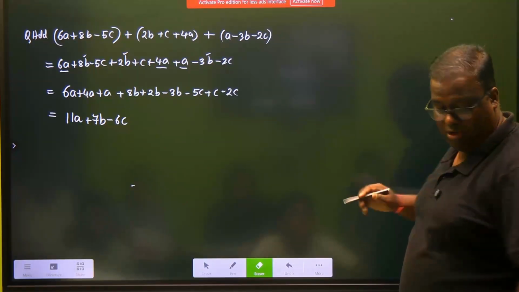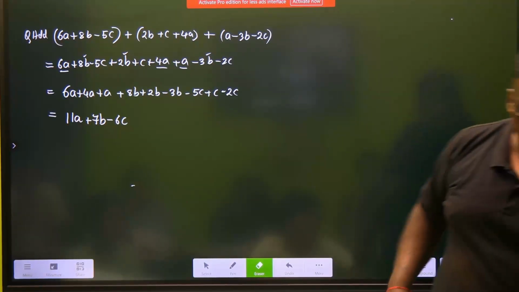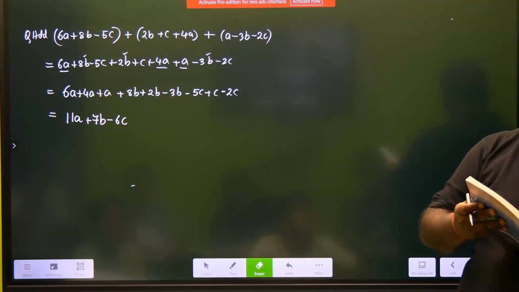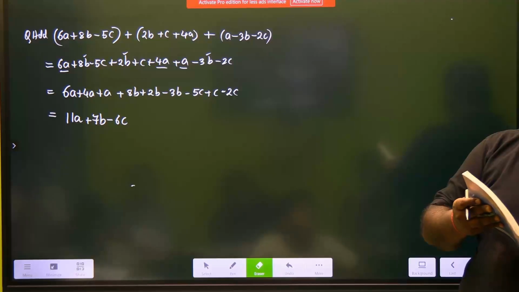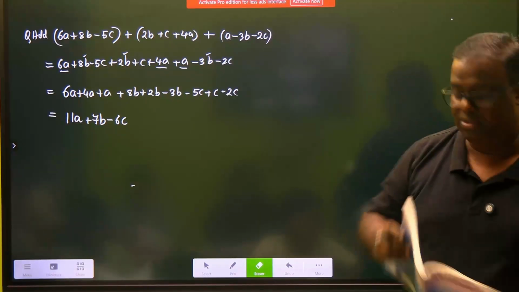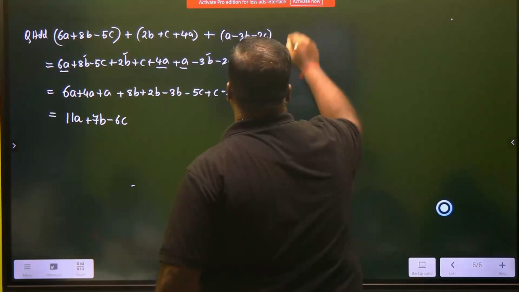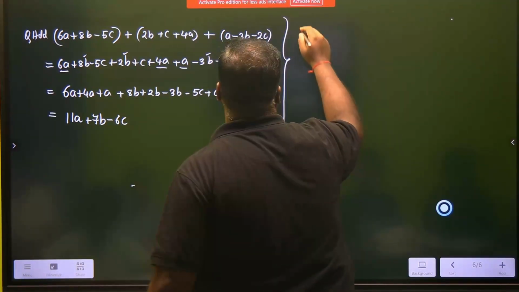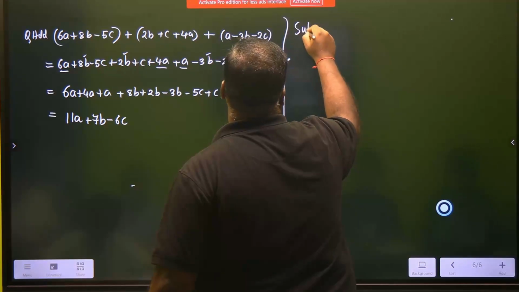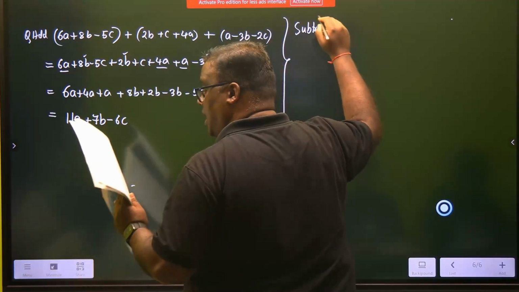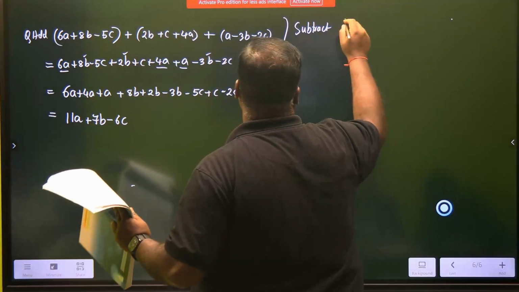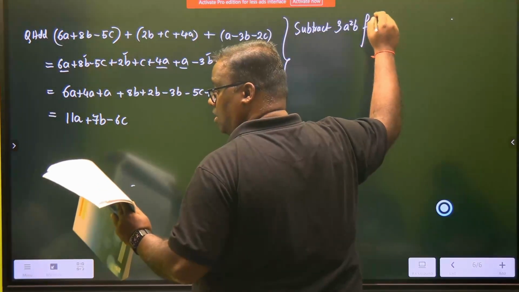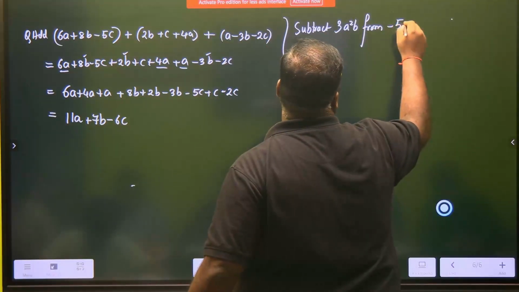Okay. If you have understood, what I will do today is I won't ask you to touch your books. Shall we do one subtraction problem? Okay, let's do one. I will put up the problem from here. The question is: subtract 3a square b from minus 5a square b.